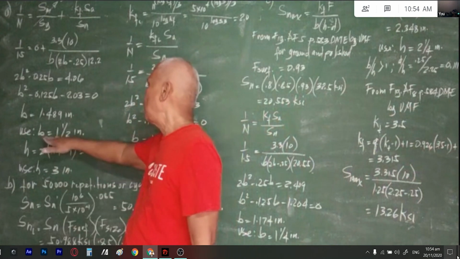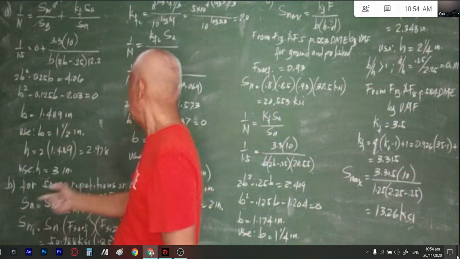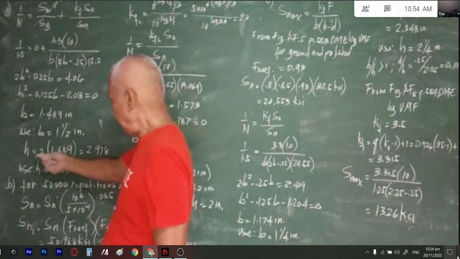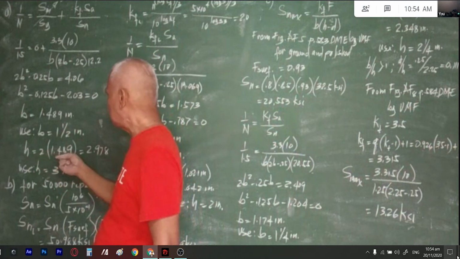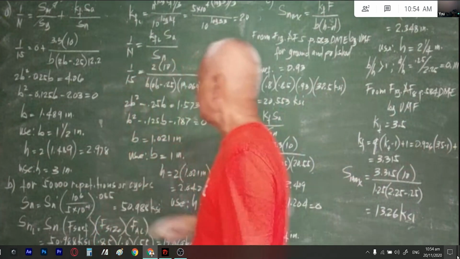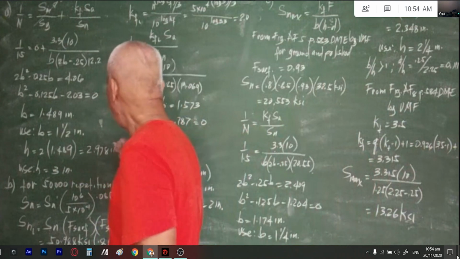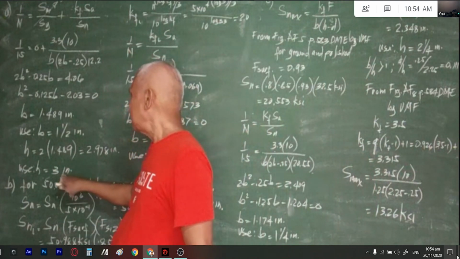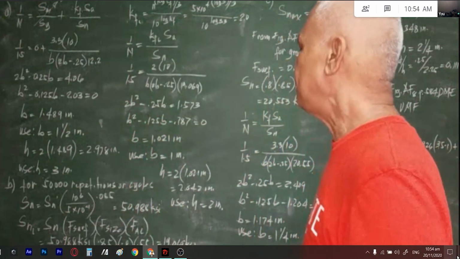So we use 1 1/2 inch. Then x is equal to 2 multiplied by b, or 2 multiplied by 1.489, which will be 2.978 inches. So we will use x equal to 3 inches.